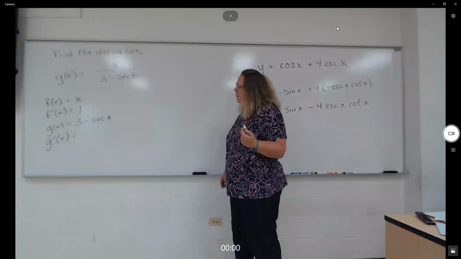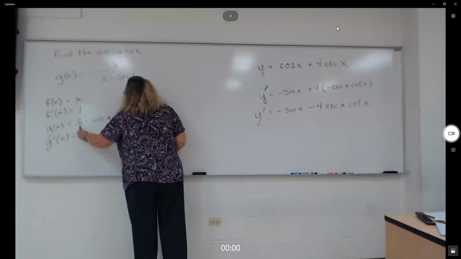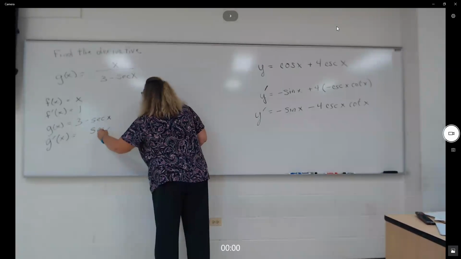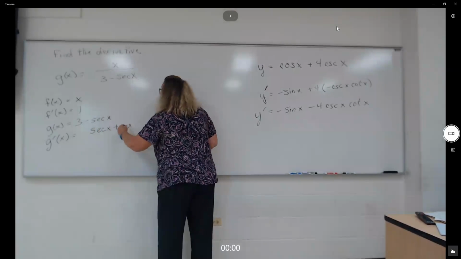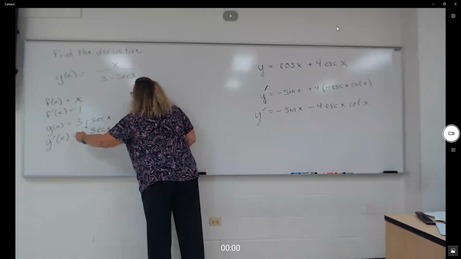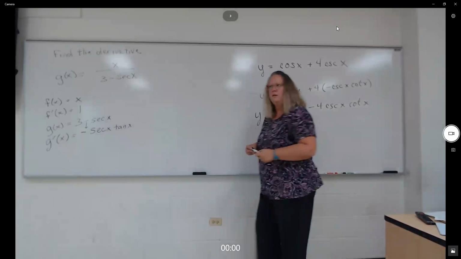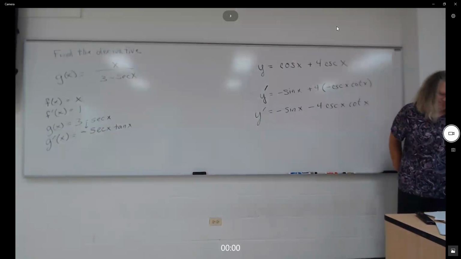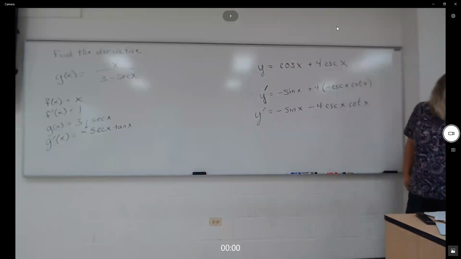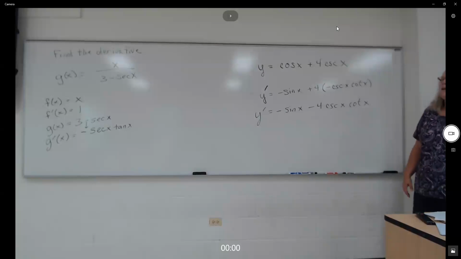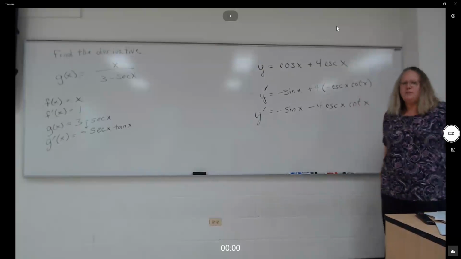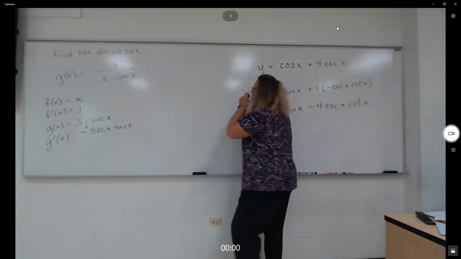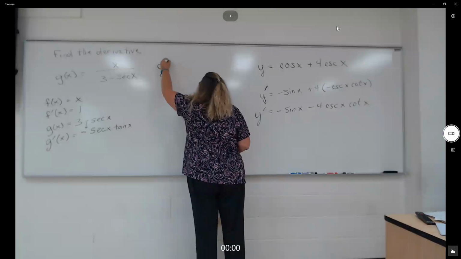The derivative of secant is secant tangent, but this negative just has to come down. Do we see that? The derivative of secant is secant tangent, but that negative just has to come down. So now we're ready to go, because now this is the official derivative of the whole function.